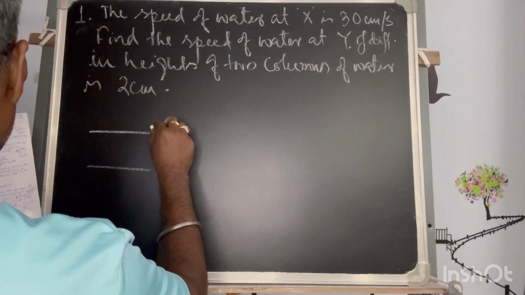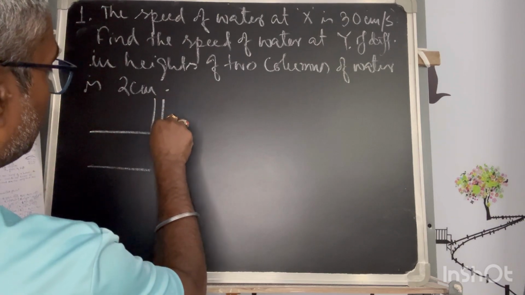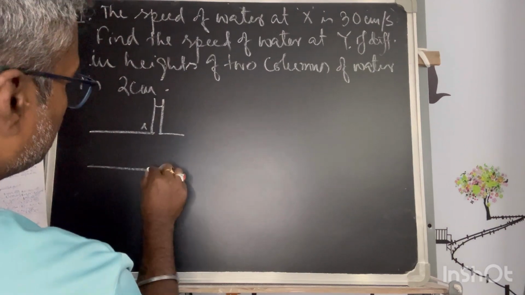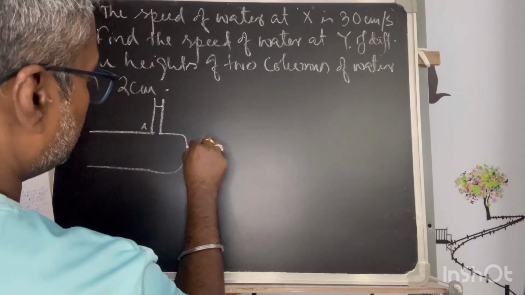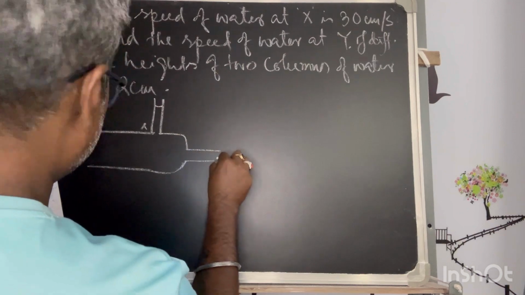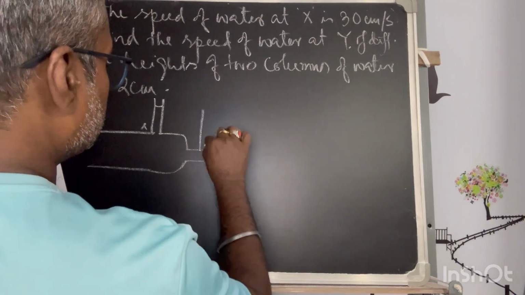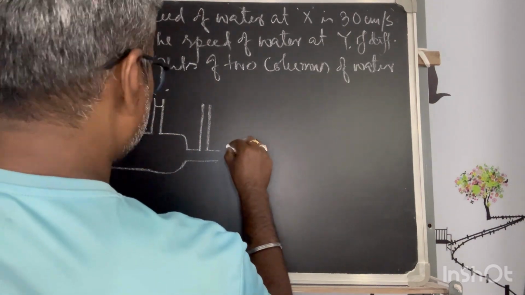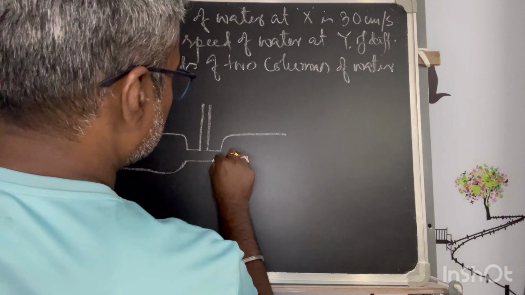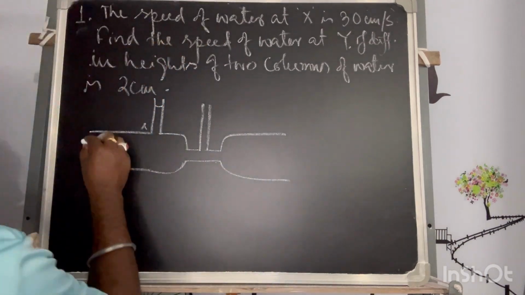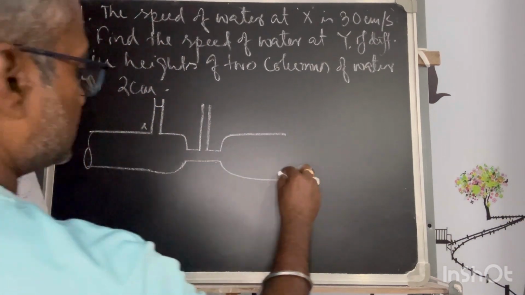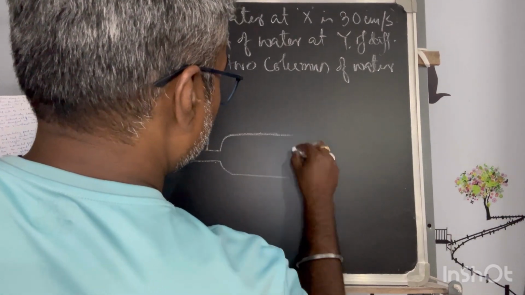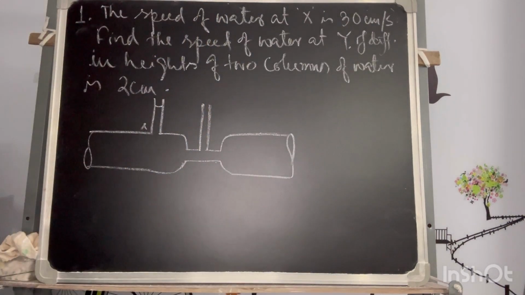Okay, so there is a column here, this point is X. This part is being reduced, and then further here also some column is there, then further it has increased. These are equal diameter ducts.